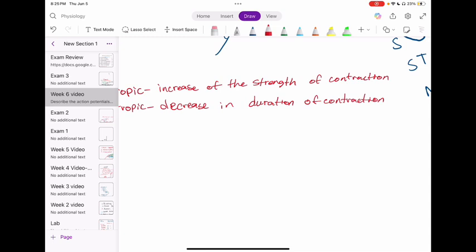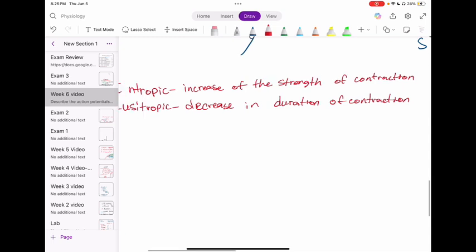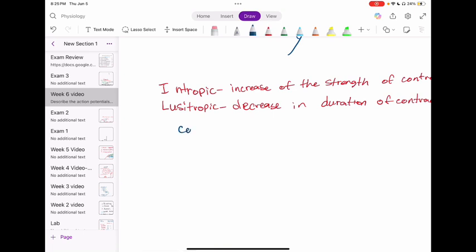And what we're going to be talking about is these are catecholamines and their effect on the heart. So, if you remember, we talked about catecholamines a while ago.